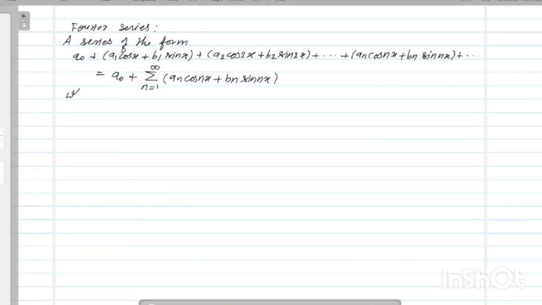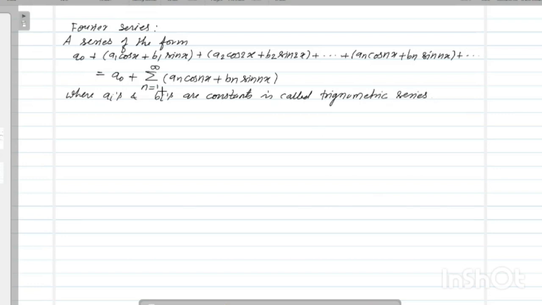Where the an's and bn's are known as constants, and this series is called a trigonometric series.